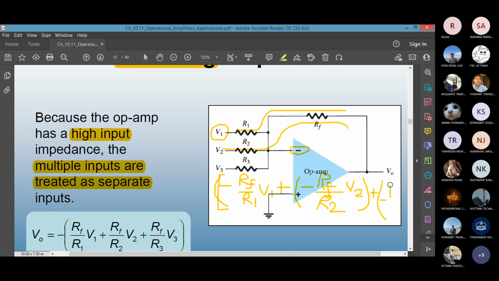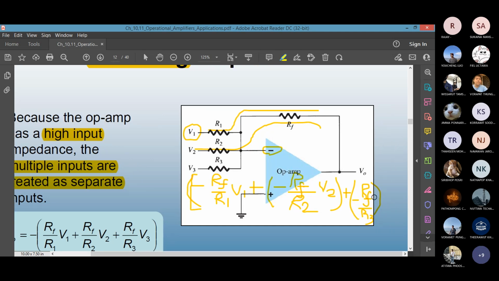Minus RF over R3, close the bracket, and you have to multiply by V3. Where should I put it? I ran out of space, maybe on the right hand side. V3.